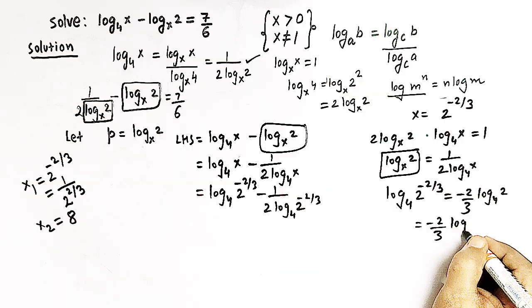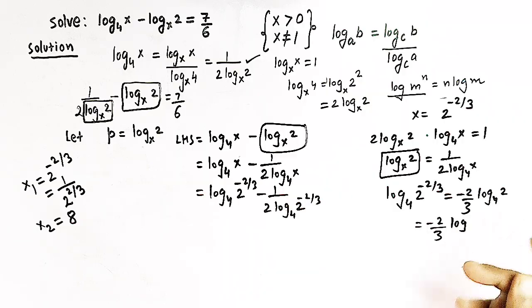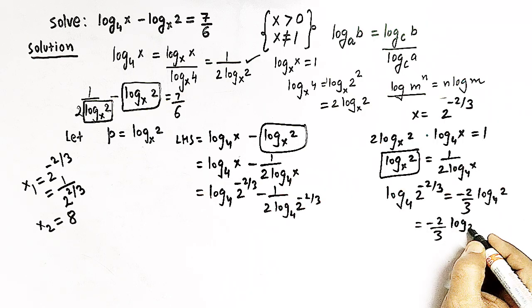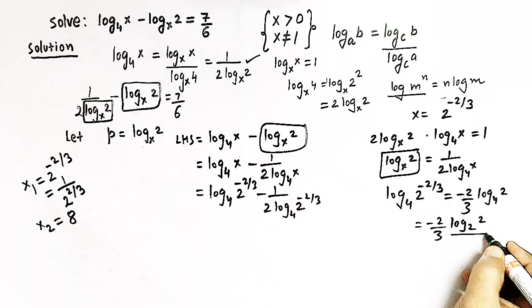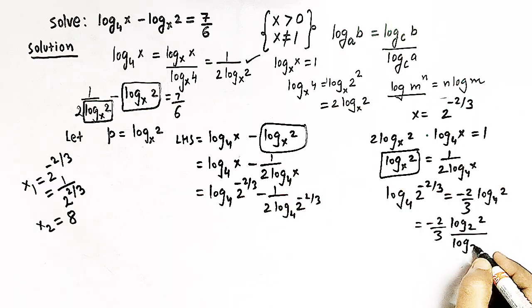So here we can change the base 4 to base 2. So here we have 2, here we have 2, then we have here 2, and here we have 4 using this result.